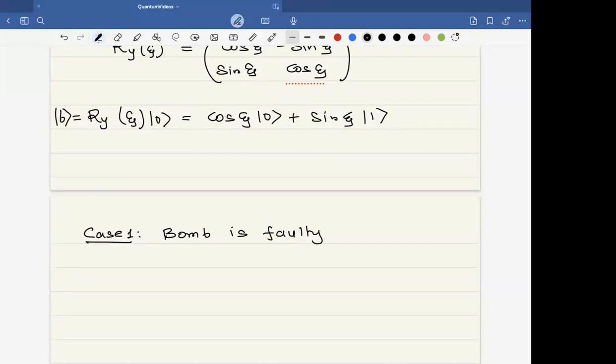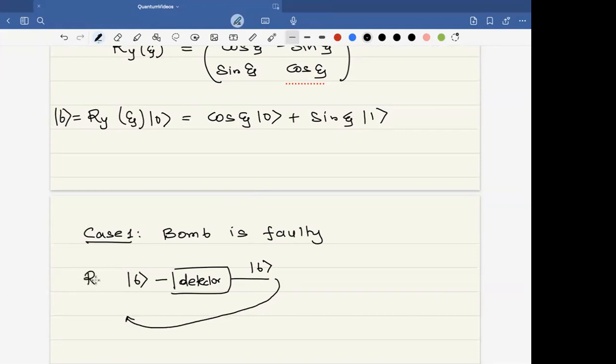If the bomb is faulty, then if I pass it through the detector, I get back B, right? But we are going to apply the rotation before we pass it to the detector. So we feed this state back to the detector and apply this Ry of epsilon.